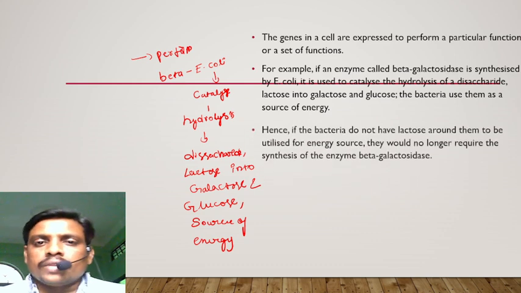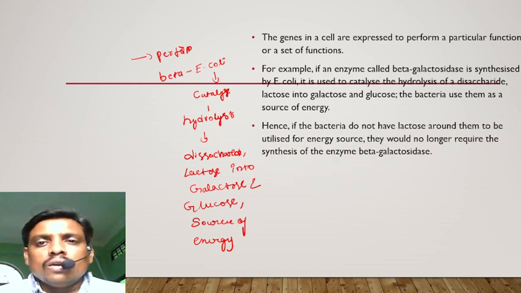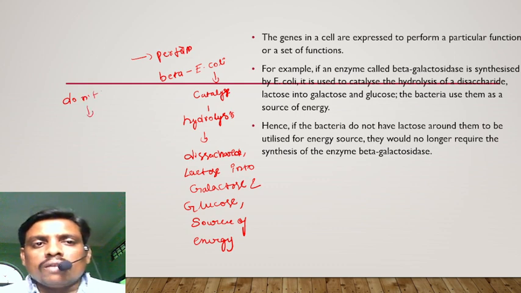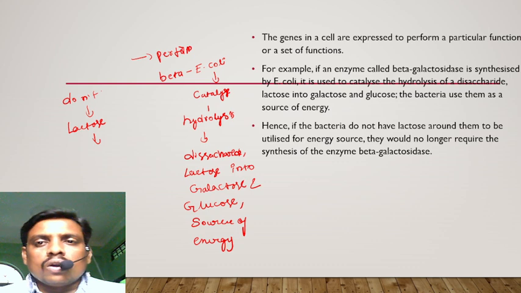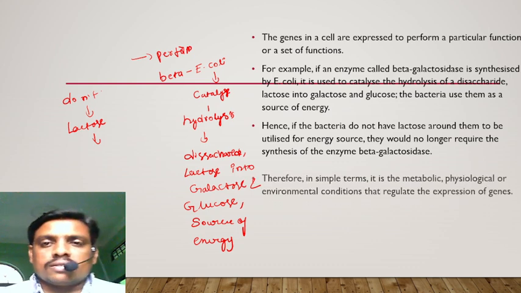During this process, E. coli bacteria. Hence, imagine bacteria don't have lactose around them to be utilized as an energy source, they would no longer require the synthesis of the enzyme beta galactosidase.